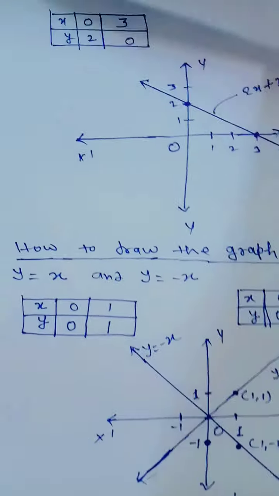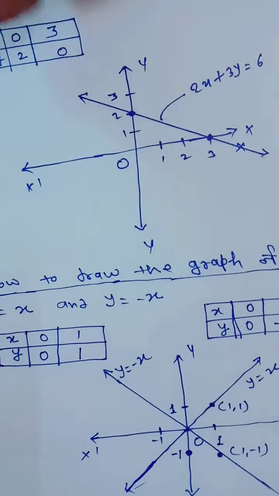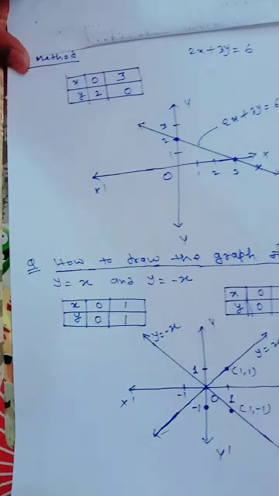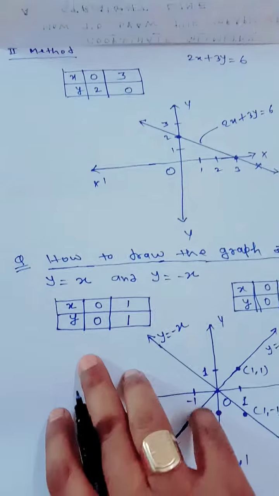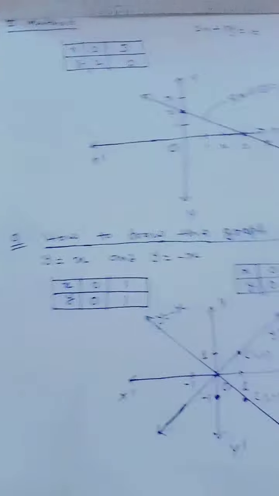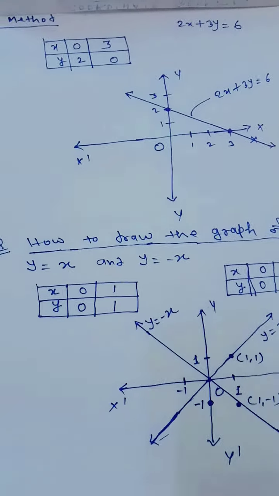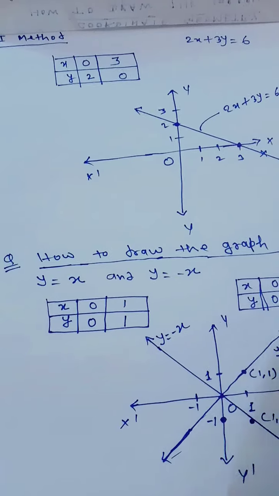Next, we know that a unique straight line will pass through two given points, so why so many points? We can draw this graph with the help of 2 points only.